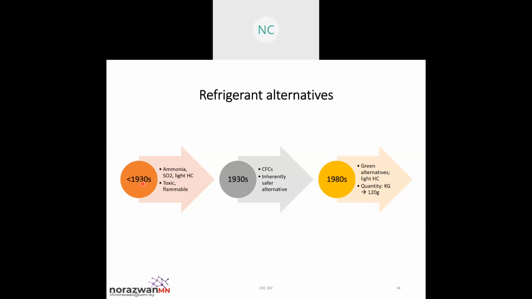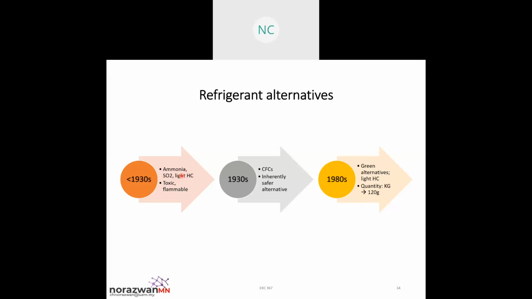However, ammonia, SO2, or light hydrocarbon is very toxic and flammable. The quantity of hydrocarbon inside this refrigerant was also quite huge, sometimes from 1 to 3 kg of light hydrocarbon inside the refrigerator.